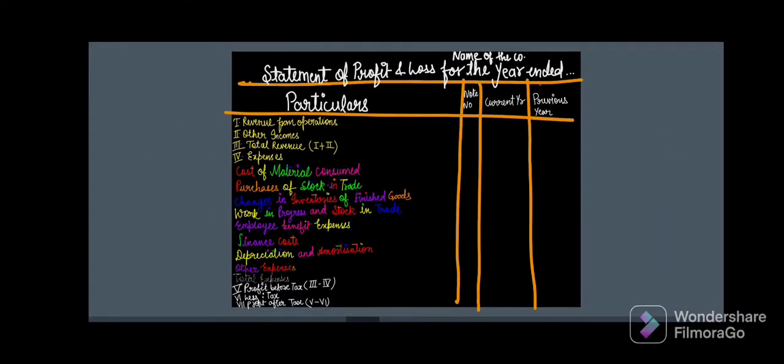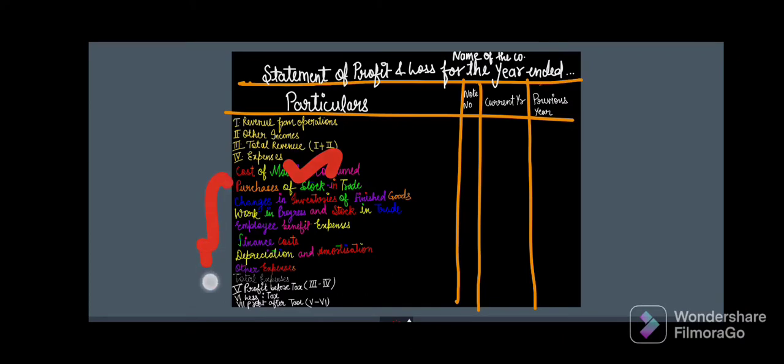Now if you look at this proforma, in the first part you have a few heads. The first head was revenue from operations, then the second head was other incomes. When you add the first two, that is revenue and other incomes, you get the third, which is total revenue. First plus second gives you total revenue. After that, at the fourth you have expenses to look at.